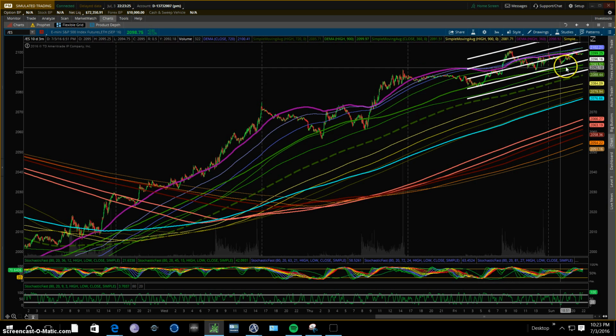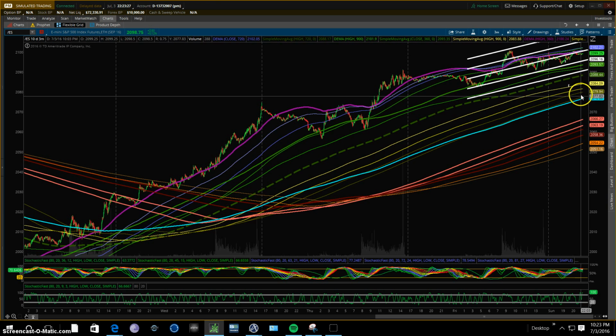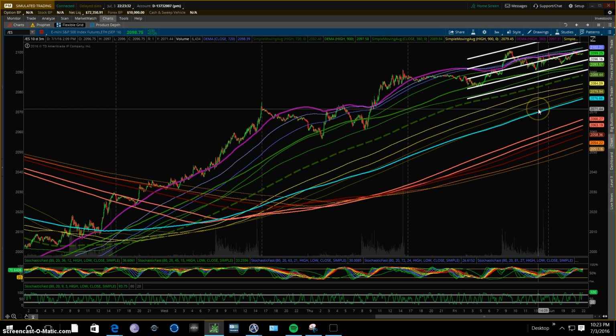Staying with the greens for now, but once we start bouncing off the yellow ones, it doesn't matter if you're scalping. Whenever you're getting into bigger time frames, deeper colors, yellows and reds, you're talking bigger pivot points.